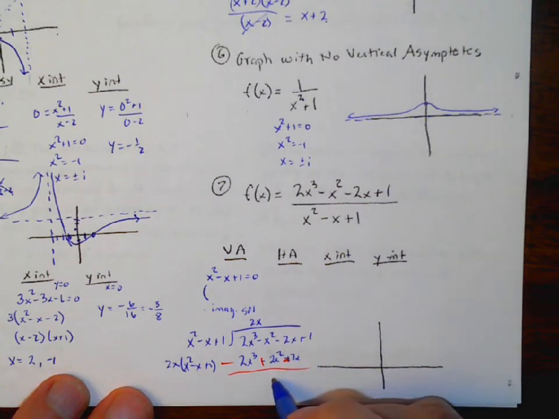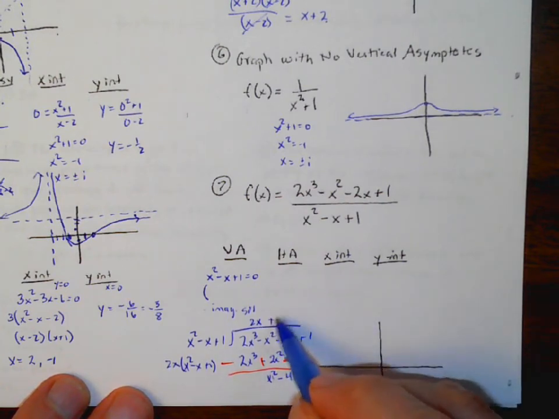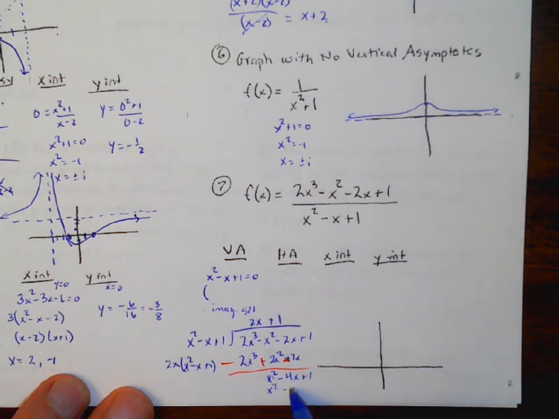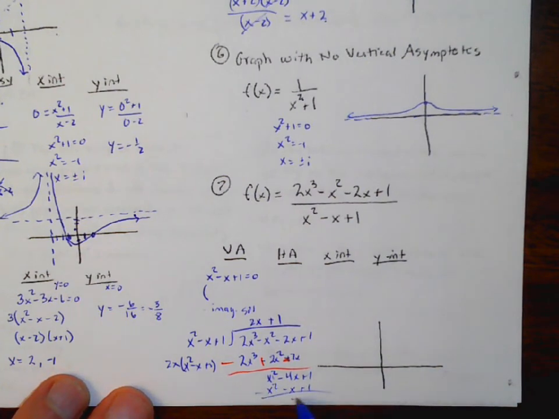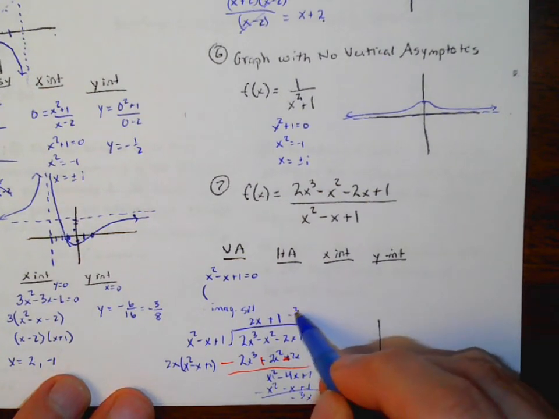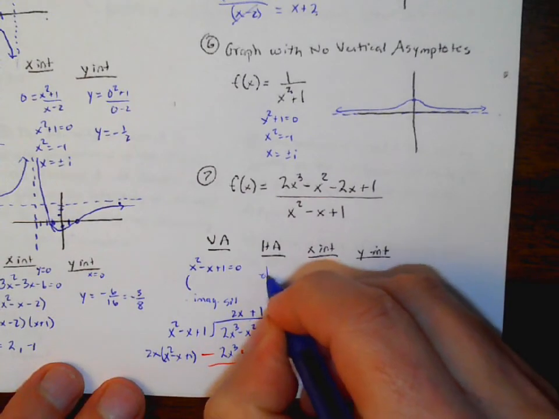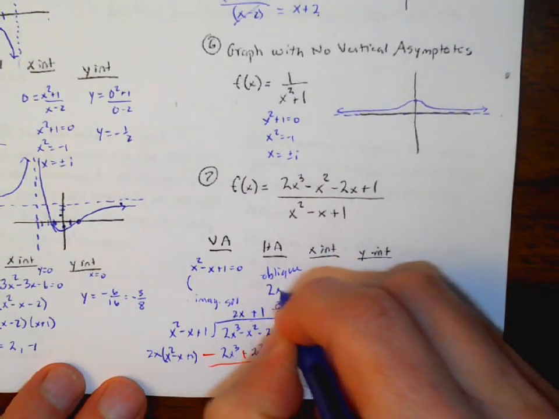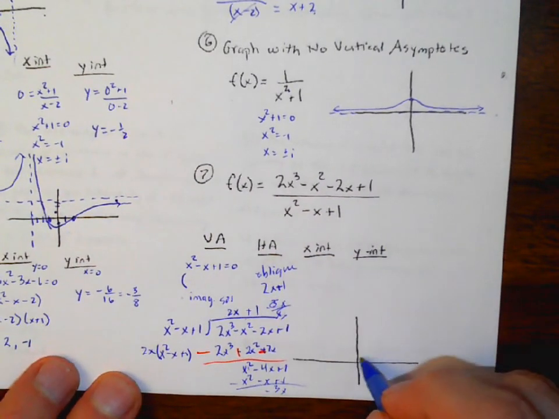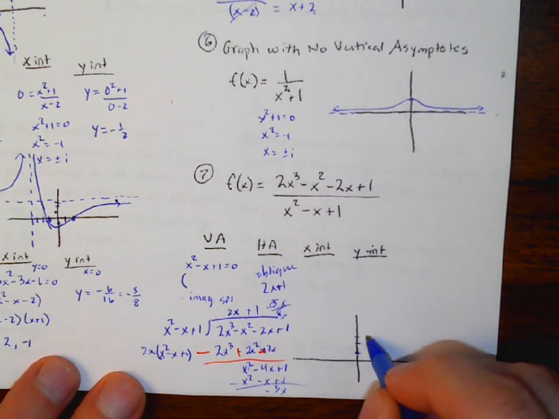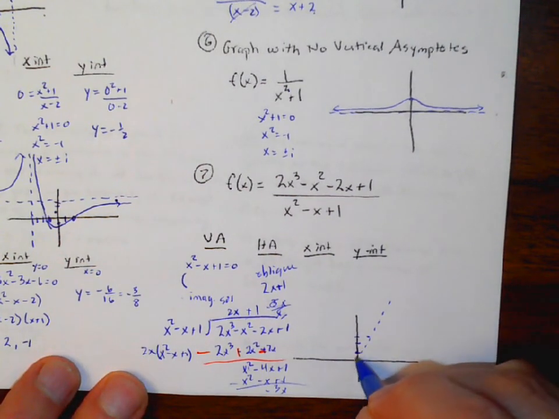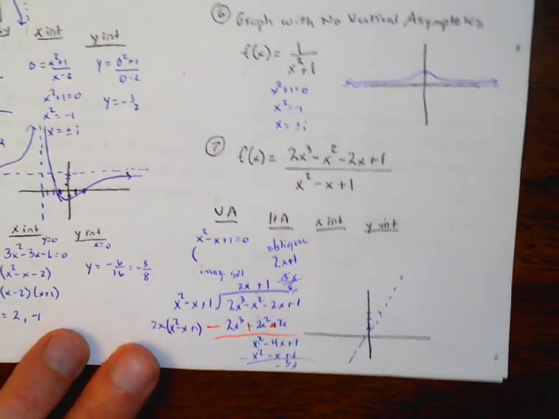That gives you x squared minus 4x plus 1, then plus 1, x squared minus x plus 1, change the sign, and it comes up with negative 3x. So negative 3x over that, but we ignore that, so we know our oblique will be at 2x plus 1. So remember, add plus 1, go up 2 over 1. Okay, so we have an oblique or slant asymptote right here.